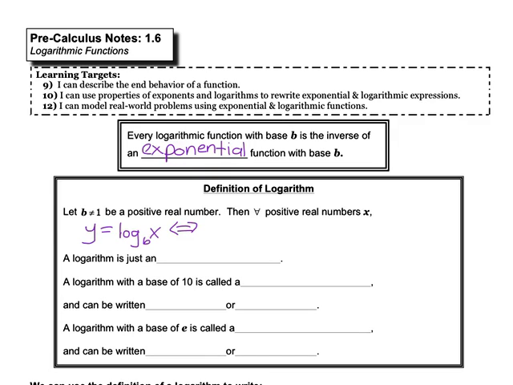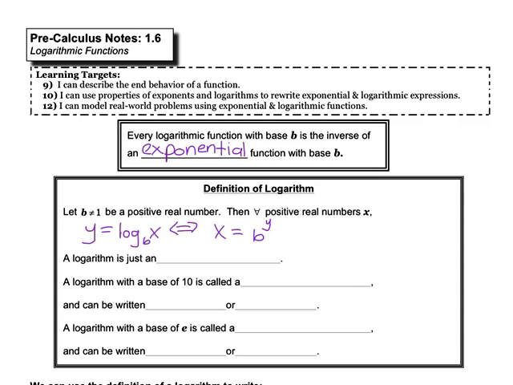Then we can also rewrite that whole thing as an exponent, because again, logs are just inverses of exponents. So we can write that as x equals the base b raised to the y.